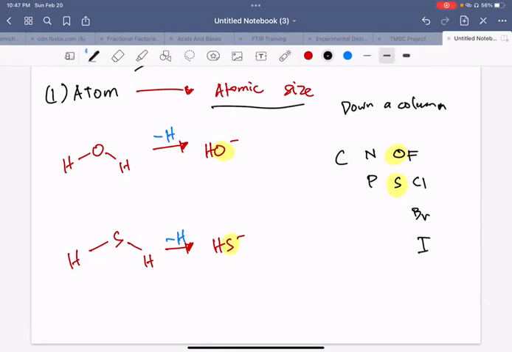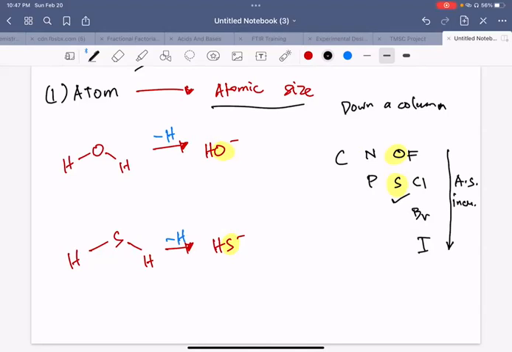And according to periodic trends, down a column, atomic size increases. So between oxygen and sulfur, sulfur has the larger size, is bigger than oxygen.